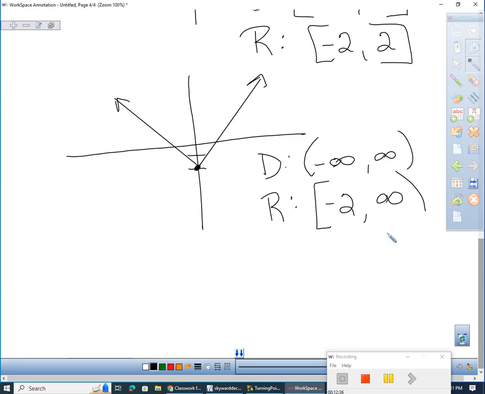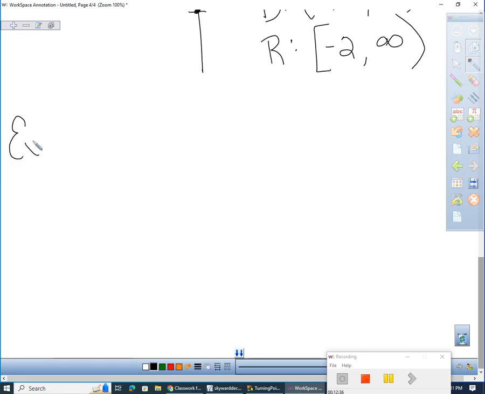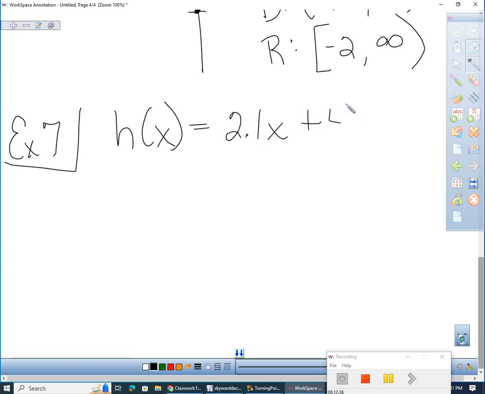Okay. All right, last thing I want to talk about, example number 7. Let's say you are given a function h of x equals 2.1x plus 4.